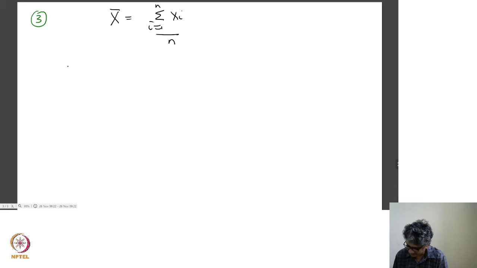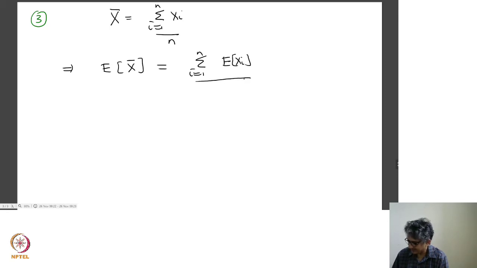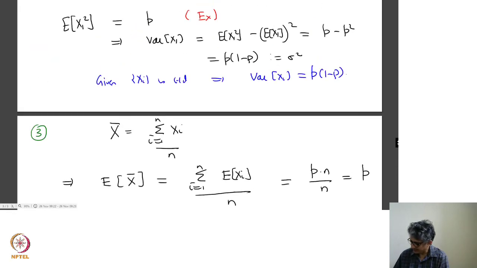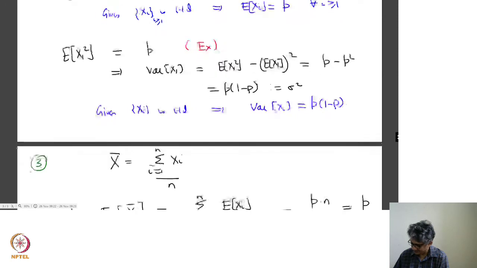So this would imply that E of x bar, the mean on average, is going to be equal to the sum from i equal to 1 to n of E of xi divided by n, and that's just going to be p times n divided by n, which is what we just showed, right? Each of the xi's had mean p.